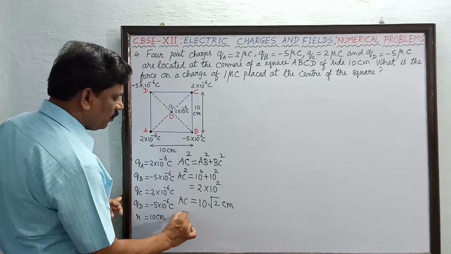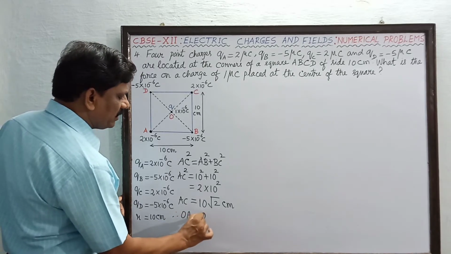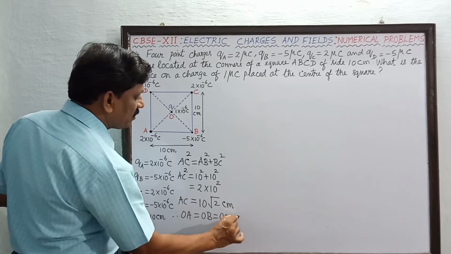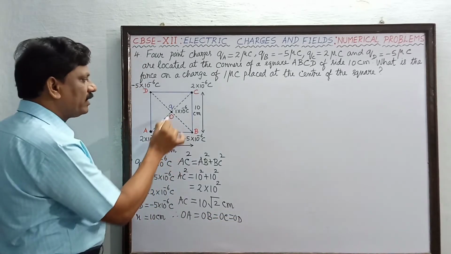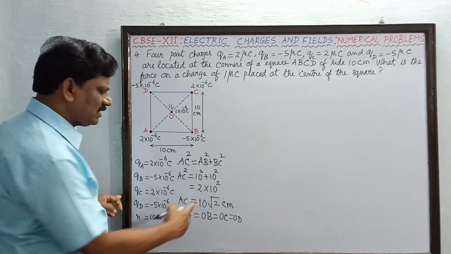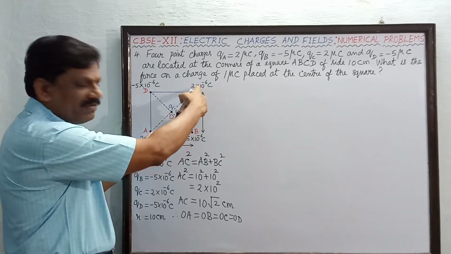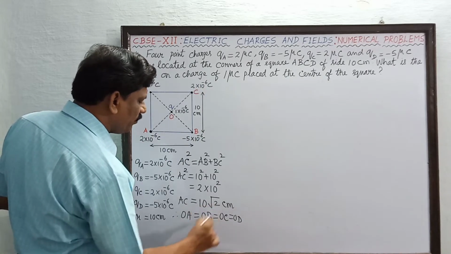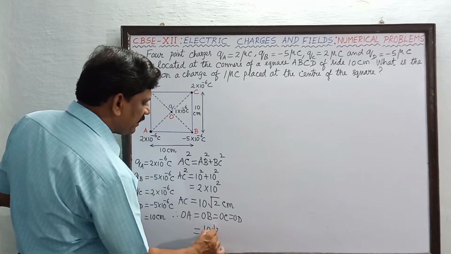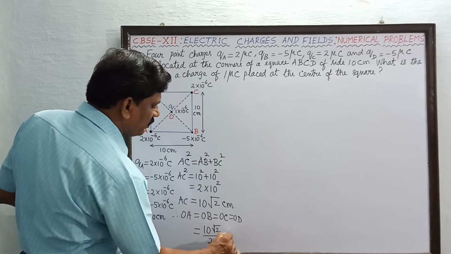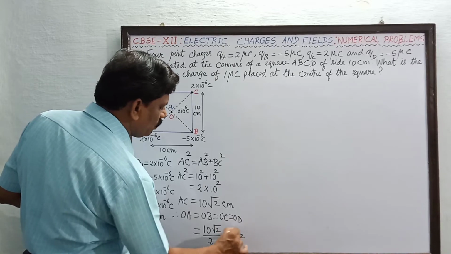Therefore OA equal to OB equal to OC equal to OD. All must be half of this AC, and this must be equal to 10 root 2 by 2. So this is 10 root 2 divided by 2, and that is equal to 5 root 2 centimeter.